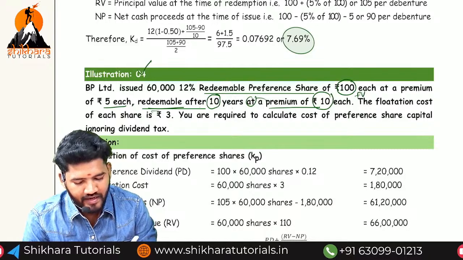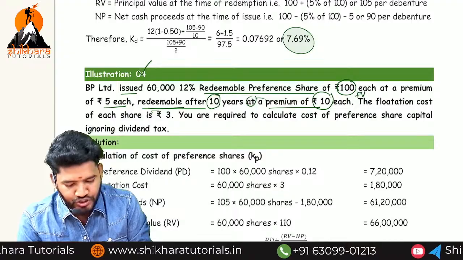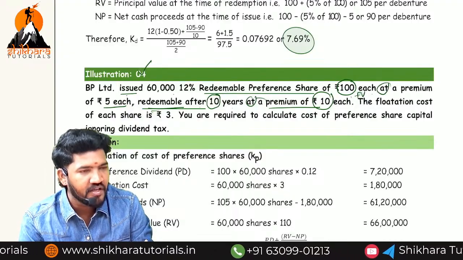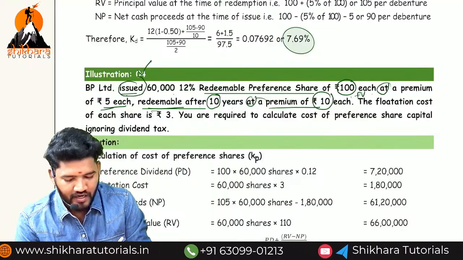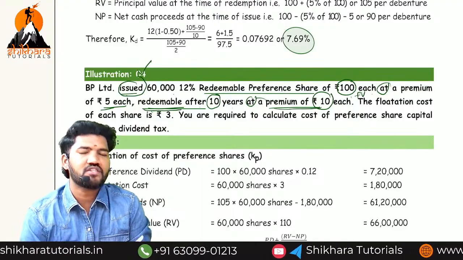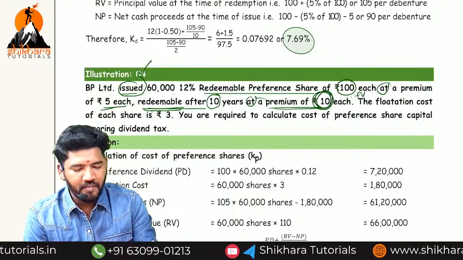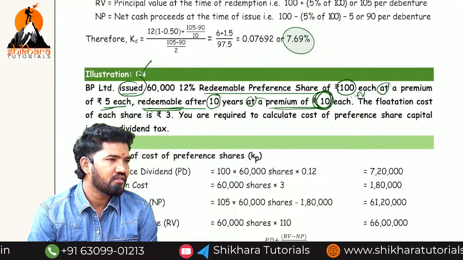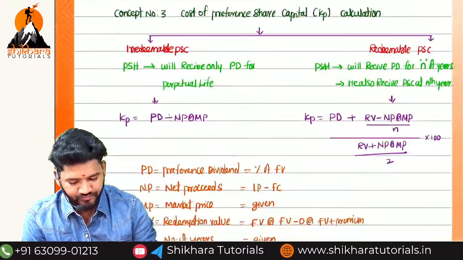Here there is no clarity, but redeemable preference is the clue they provided. Issued 60,000, 12% redeemable preference shares at 100 each at a premium of 5. This is the point relating to what? Issued. Now you can observe redeemable after 10 years at a premium of 10. This is the RV calculation. Now, what about the repayment value of 10 rupees? How much? I said clearly, you can observe.